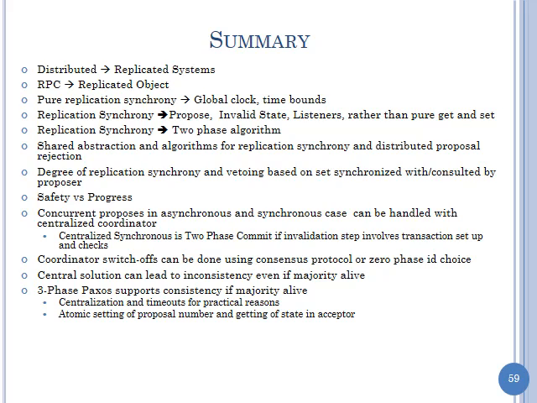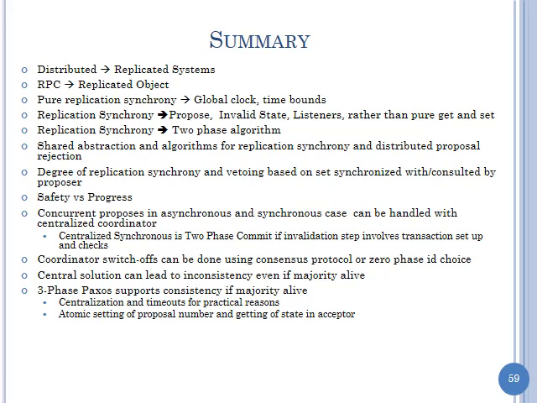Okay? And degree of synchrony, that means how many other nodes you consider in the synchrony and rejection, can be different. And in my implementation, I've made them similar. Okay? And the notion of having weaker degrees is to allow more progress at the expense of safety.